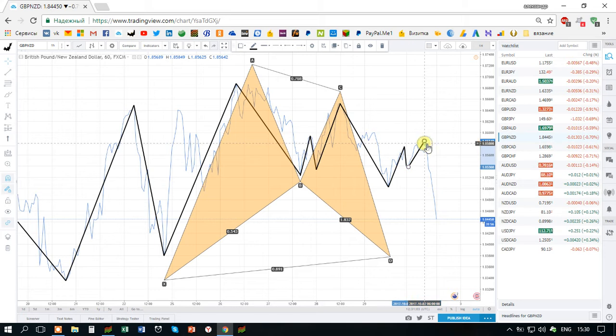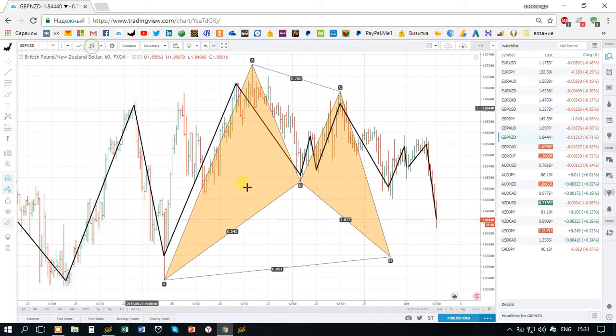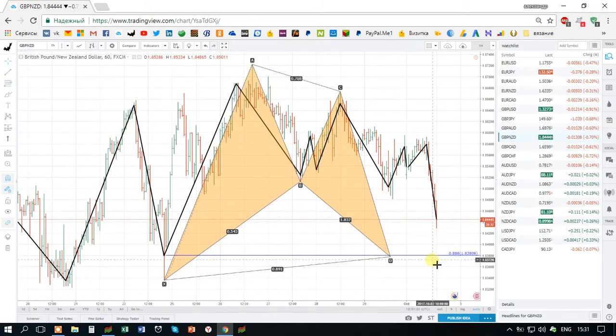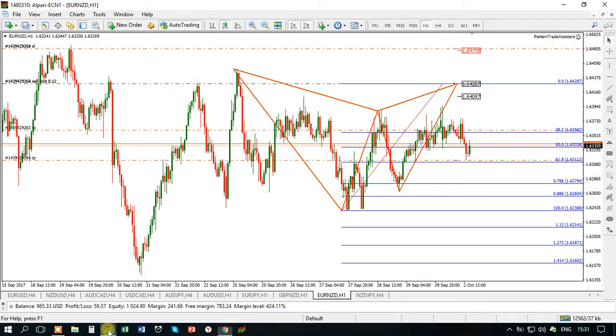we had it this way, sorry, and then we have a swing to the downside, so this large bright pattern is active. If price goes lower to this 886 level, it will be triggered, long position will be triggered. In my Metatrader it looks this way.